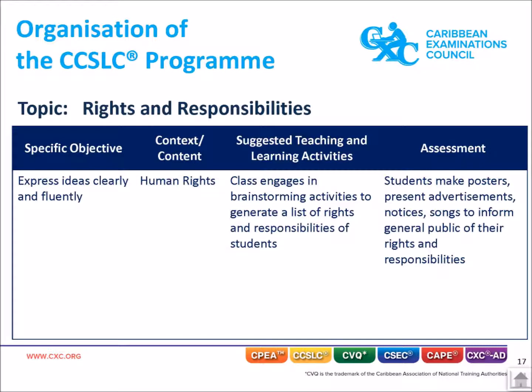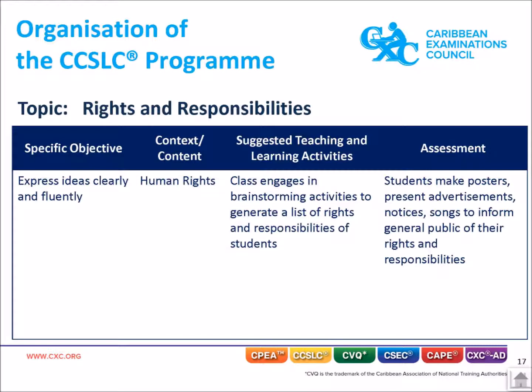So let's think about social studies, and the topic is rights and responsibilities. One objective would be, for example, express ideas clearly and fluently, and the content is on human rights. One suggested teaching and learning activity is that the class engages in brainstorming to generate a list of rights and responsibilities of students.